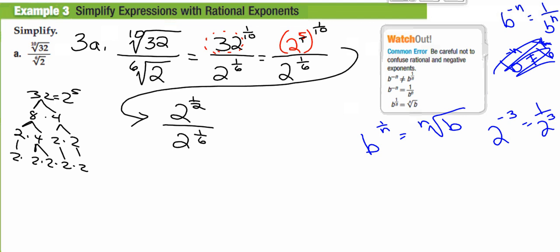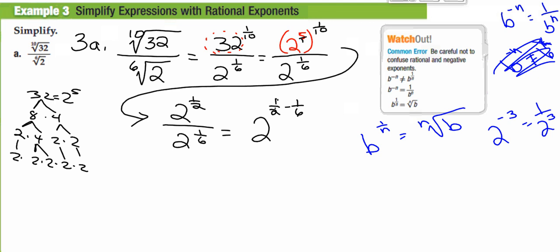And now I'm going to use what I did on that other slide. If it was x to the 6th over x squared, I subtract those powers, correct? Yes? And so the bases are the same. So this is going to be 2 to the 1/2 minus 1/6. Now, we might not be super excited about that.